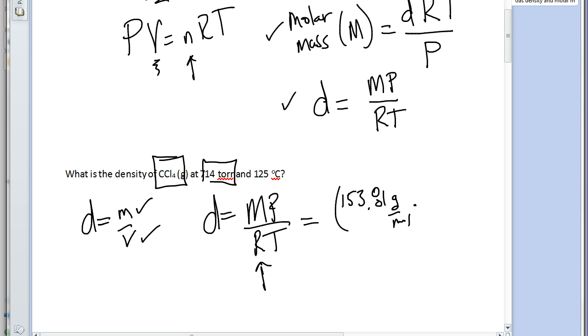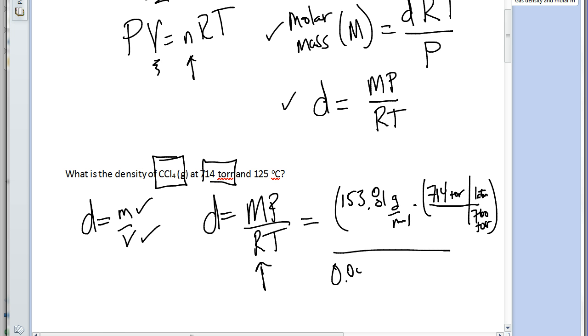So we'll do 714 torr, and we're going to do a quick little conversion, 1 atm per 760 torr, just like that. And then on the bottom, ideal gas law constant, 0.0821 liter atm per mole Kelvin, multiplied by temperature, 125. Remember, we always have to convert that to Kelvin, so this is going to be 398 K.